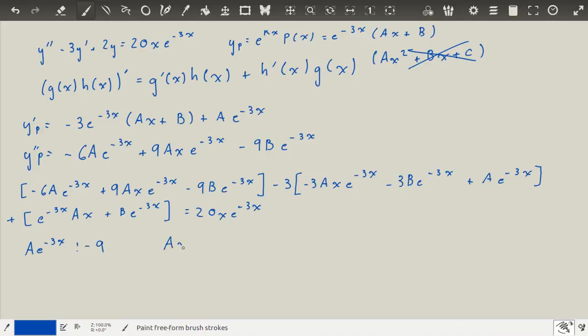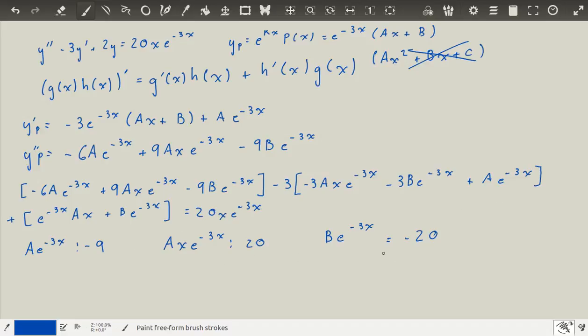When we look at ax e to the negative 3x, we get 20. For b e to the negative 3x, we get -20. You can verify yourself once you add everything up that these are how those coefficients work out.